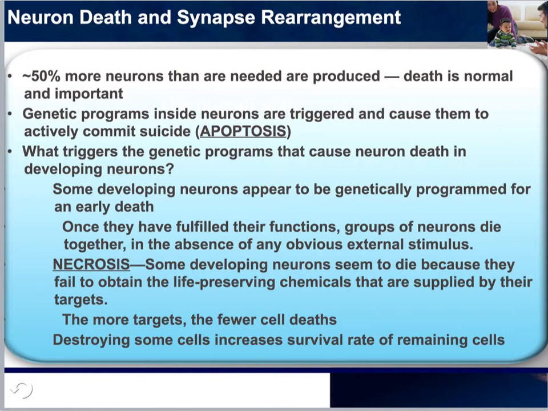And destroying some of the neurons growing into the area before the period of cell death increased the survival rate of the remaining neurons. So you can see, again, how the preservation of these chemicals and supplying these to developing neurons in these targets can bring about some positive things, but also negative.